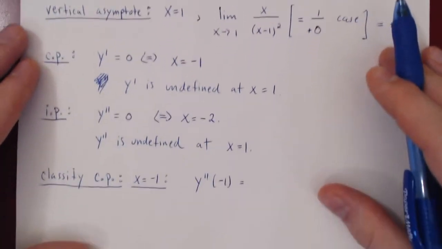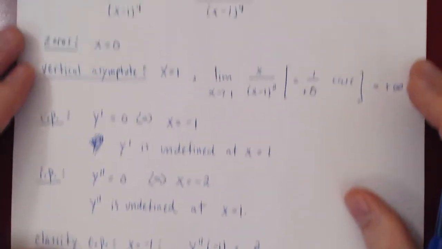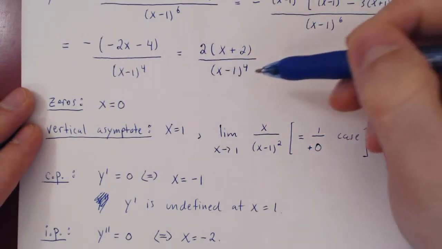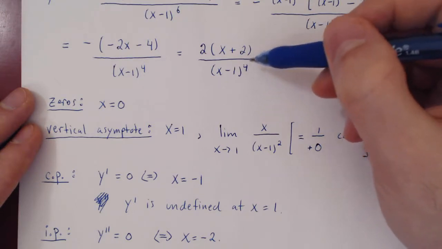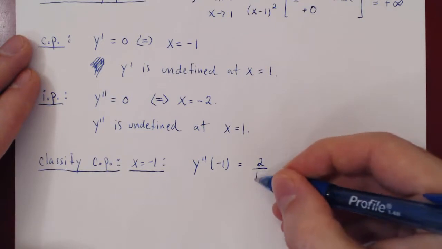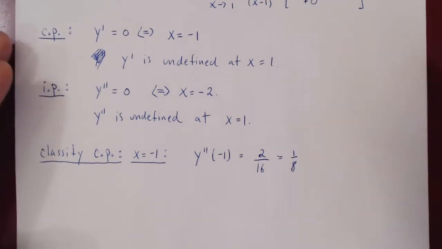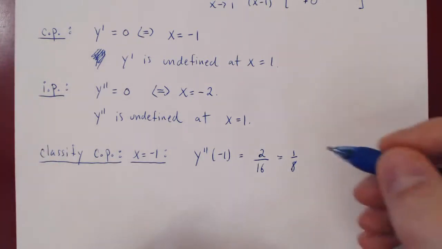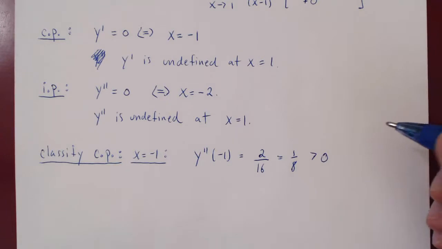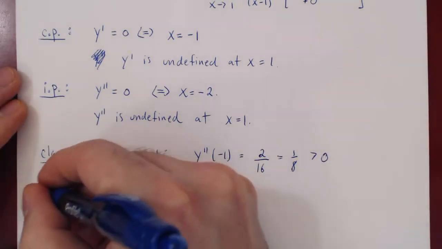So we'll get 2 on the numerator over negative 1 is negative 2. Negative 2 to the 4 is 16, which is 1 over 8. And once again, it is not so much that it is 1 over 8 as it is positive. So the second derivative at negative 1 is positive, so the curve is concave up.